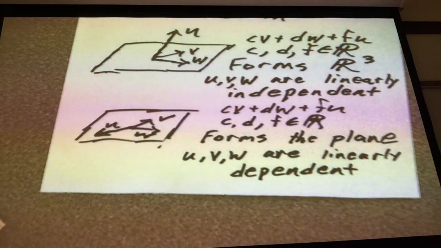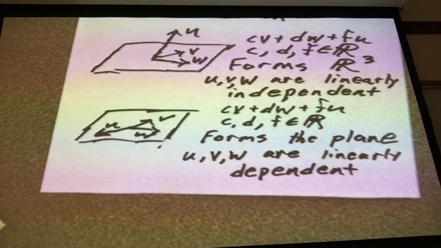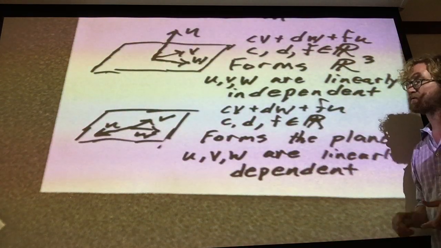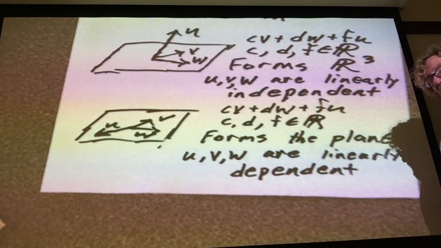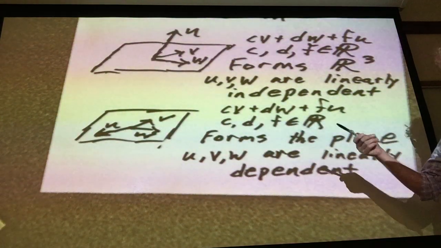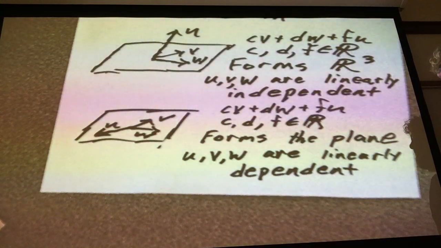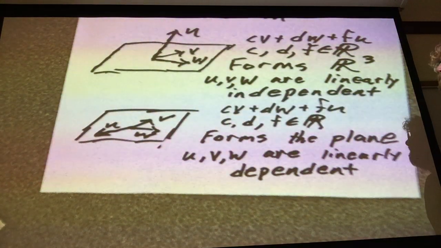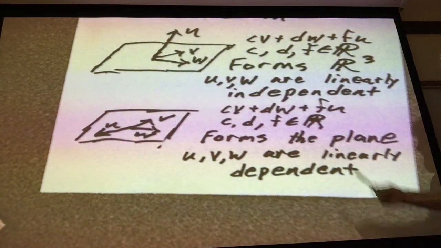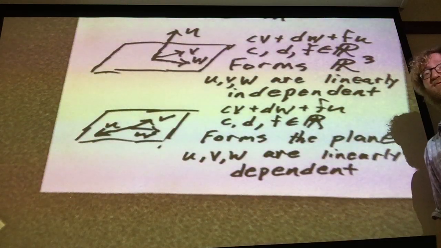So there's actually a precise definition that we will be using later on of exactly what it means for something to be dependent versus independent. But when thinking about this, this is the way you want to think about it. And so you can see that within this linearly dependent set, they're all three in the same plane. So it's not like one of them is bad. Any combination of two of those vectors would actually end up forming that plane, okay? So, yeah, that's the difference between dependent and independent. So if you have a spanning set that's just within a plane, then it's not going to form all of R3.